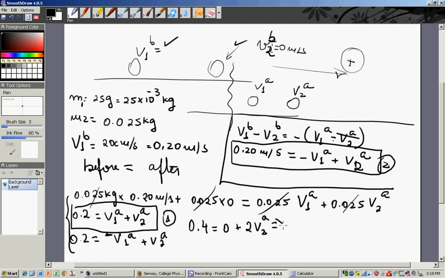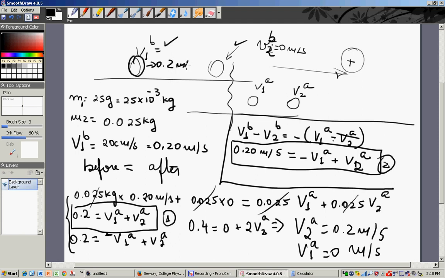And then I find my v2a is equal to 0.2 meters per second, and my v1a, if I put now v2a equal to 0.2, I'm going to find my v1a is equal to 0 meters per second, right? So this ball comes happily moving to the right with a velocity of 0.2 meters per second, and in a heads-on elastic collision with this other ball, it is a dead collision.